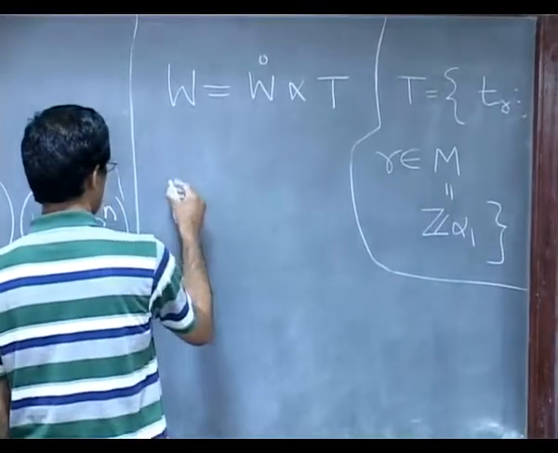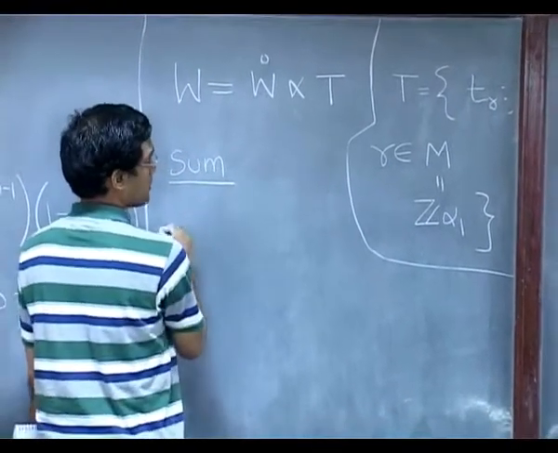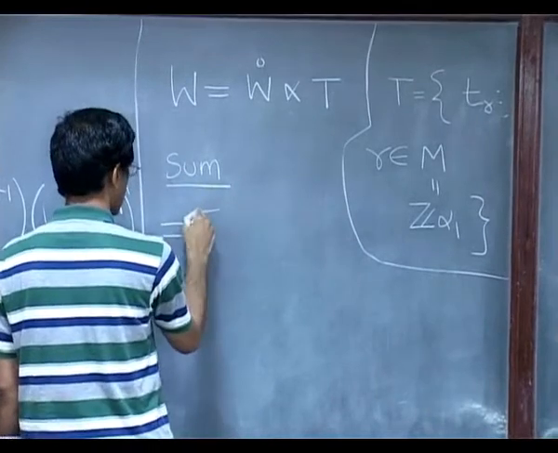So let us see, what do we need to compute? The sum side of the Weyl denominator formula, remember, looks like this.